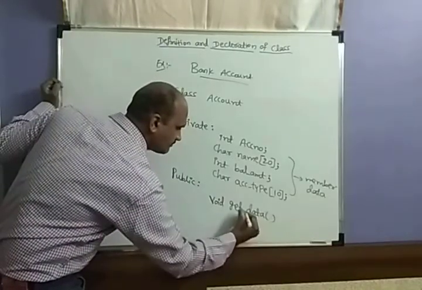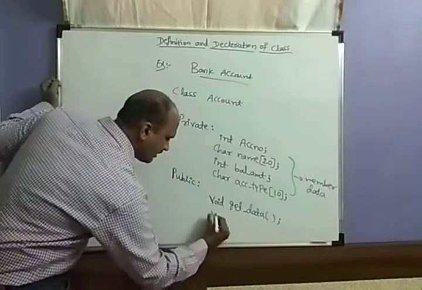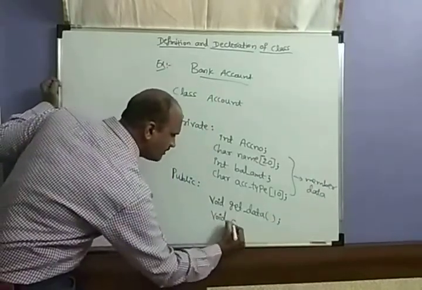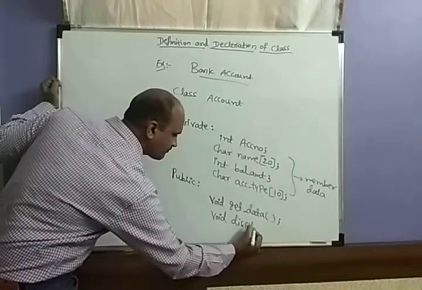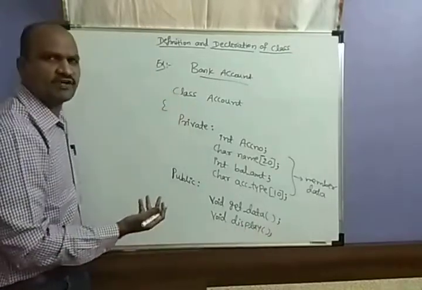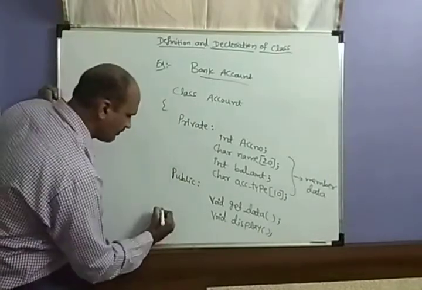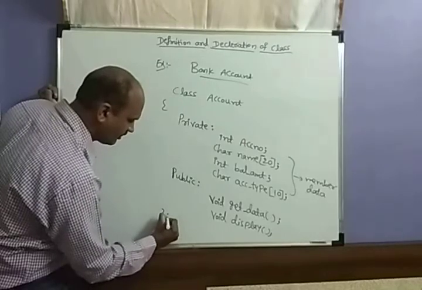This is one function, and we will write another function, that is void display. So two functions I am writing. You can write n number of functions depending on what type of program. Then open brace, here I will close the brace and semicolon.